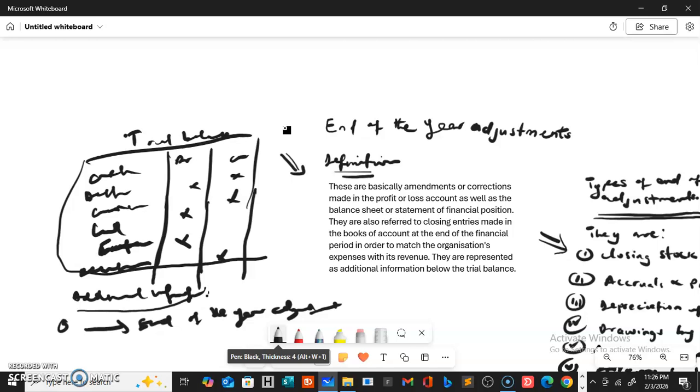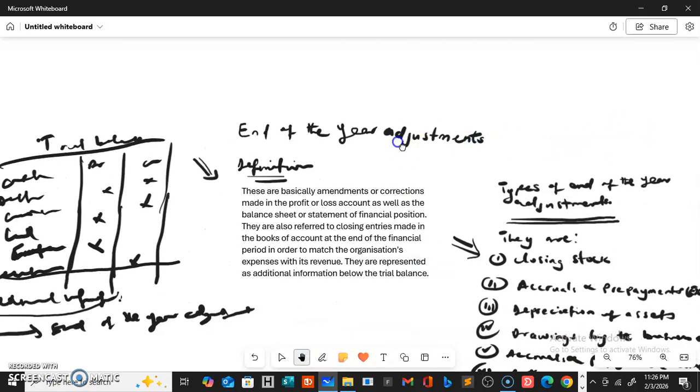We know that we debit all assets, we credit all liabilities, we debit expenses, we credit income, and we credit capital and others. The information that is posted under the trial balance, as shown in the records, is what we call end of the year adjustments. So let us move on. What are those end of the year adjustments?